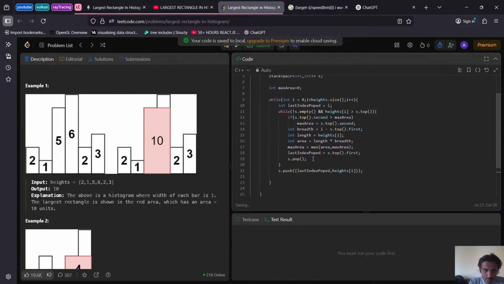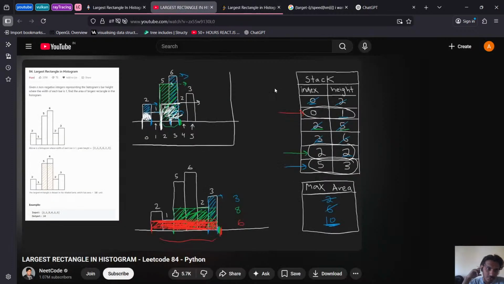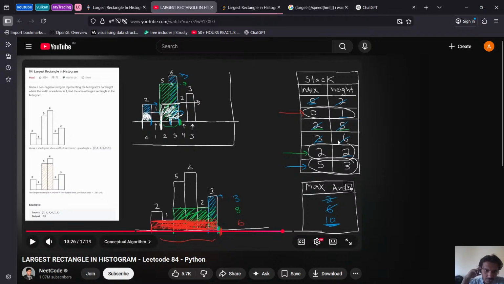For this we pop this one. We pop this one. We calculate the area for this one and calculate the area for itself. So 3 minus... 0, 1, 2, 3, 4. 4 minus 3, that is 1. 1 into 6.